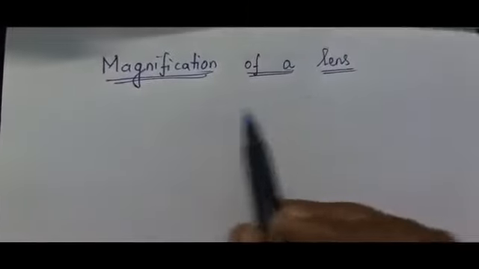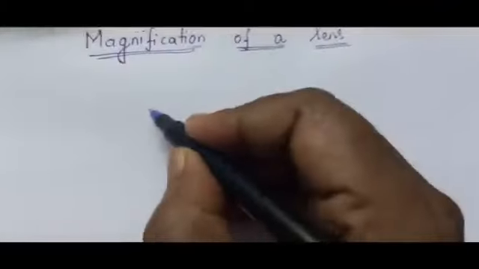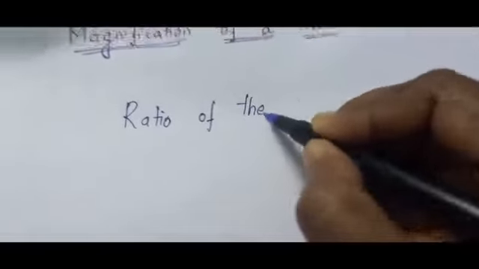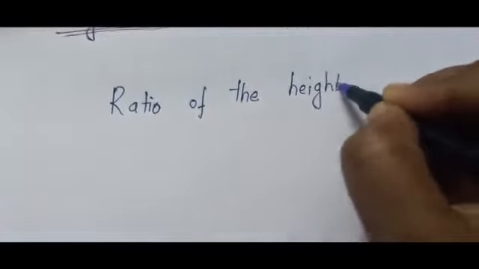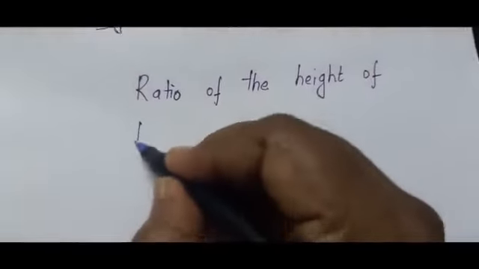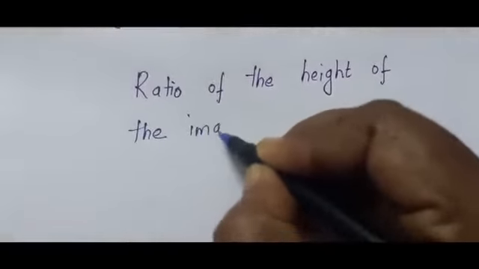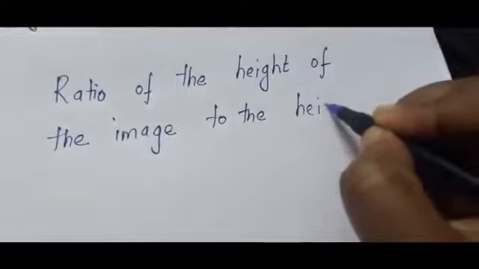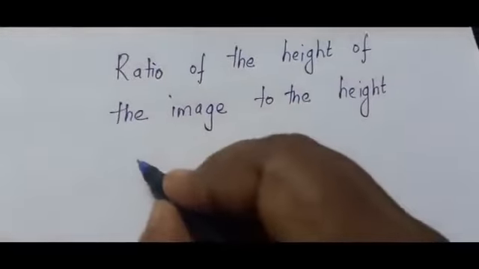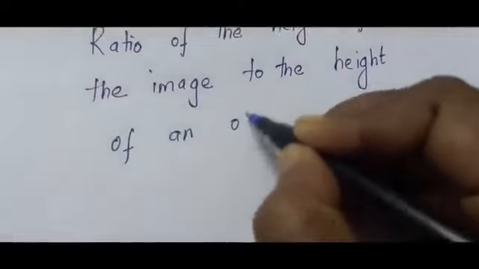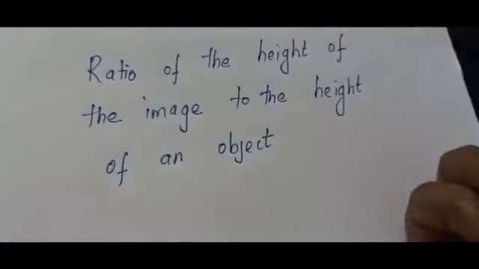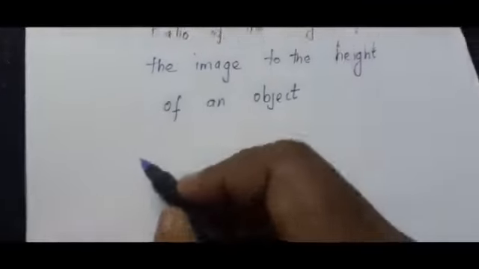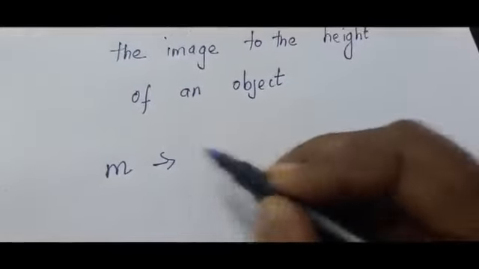Magnification of a lens is defined as the ratio of the height of the image to the height of the object. The small letter m is denoted for the magnification.